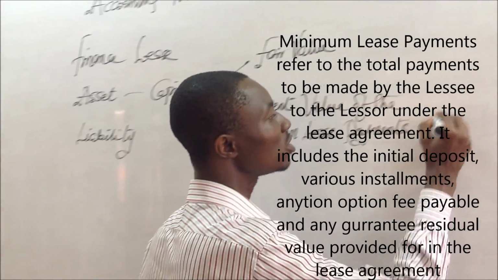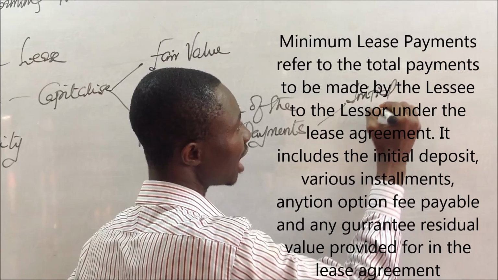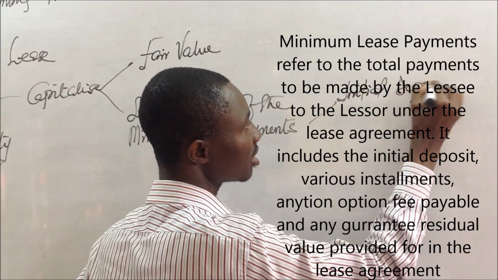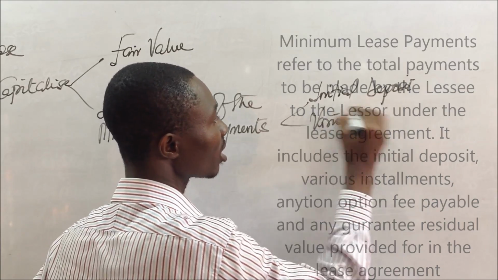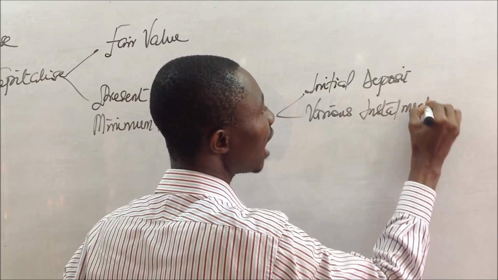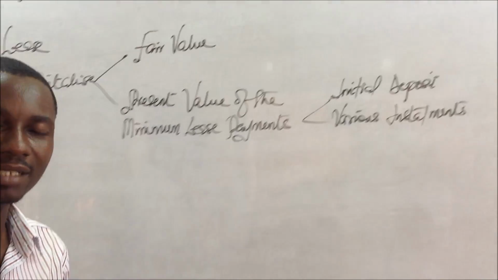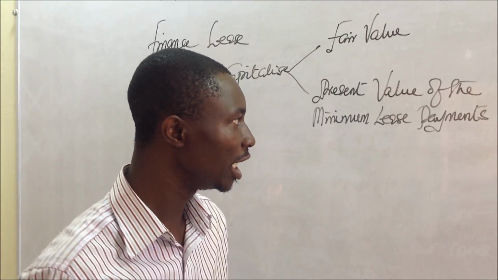Essentially, this includes the amount you make initially, so the initial deposit, if any. It includes the various installments. So assuming you are going to do about 5 installments, then the sum of all the amounts to be paid on the installments will be included.